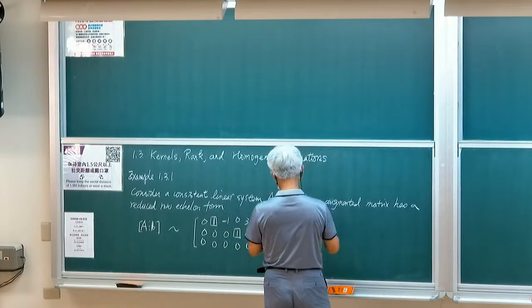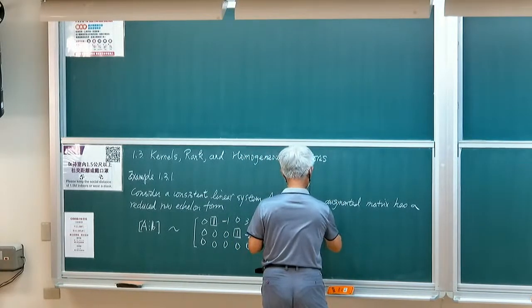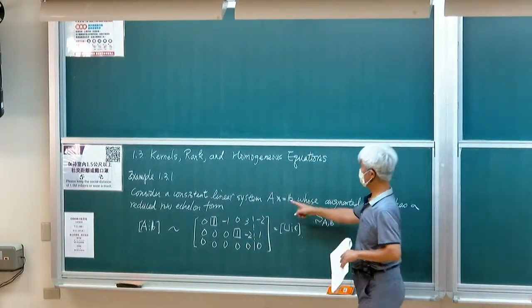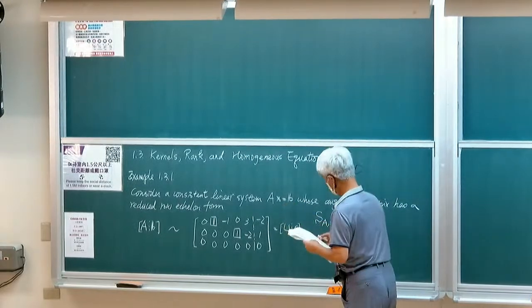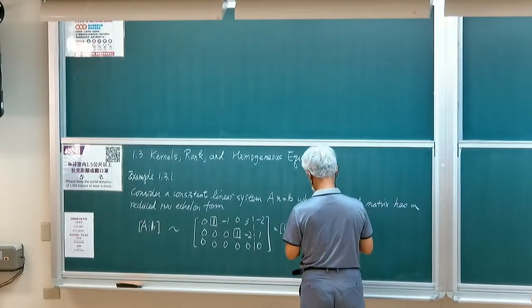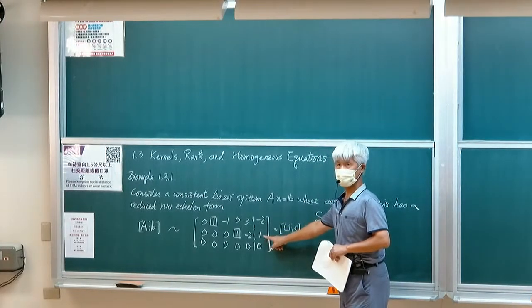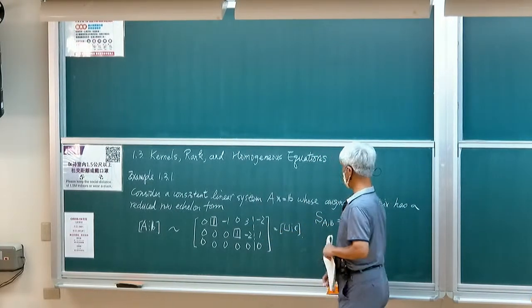And we know that the solution set of the original linear system would be the same as the solution set of this linear system in reduced row echelon form.